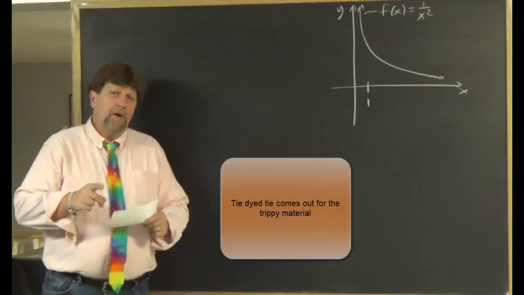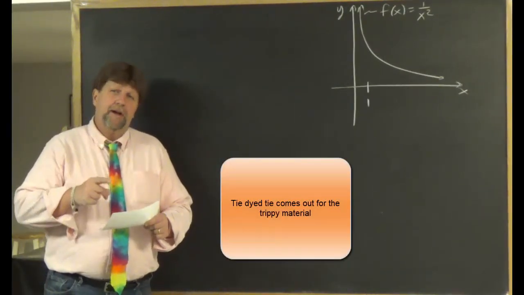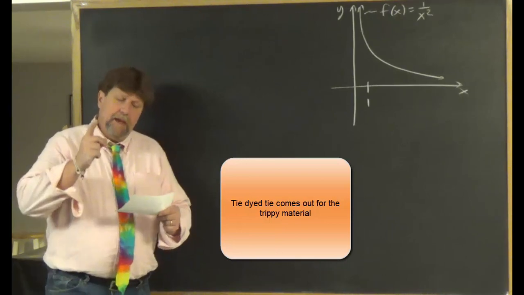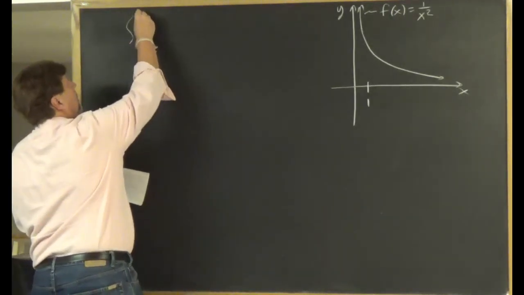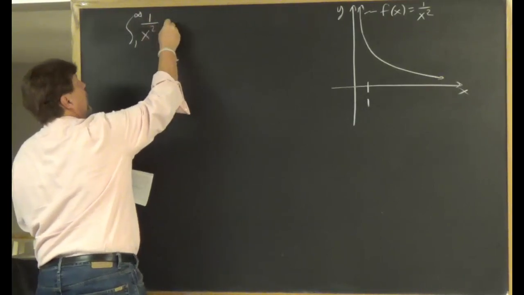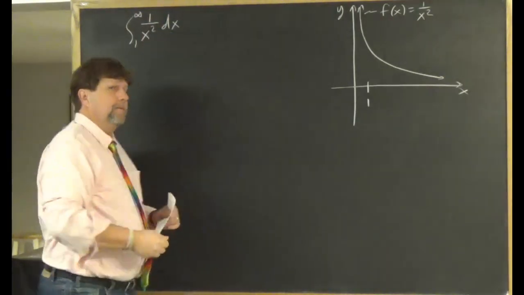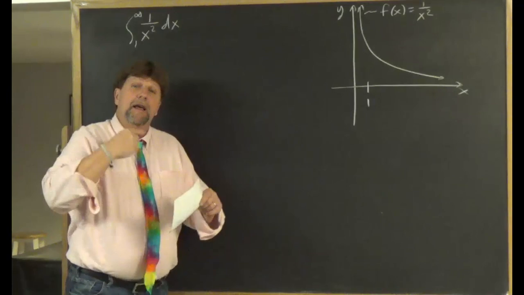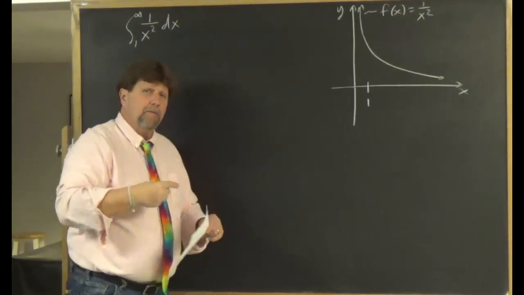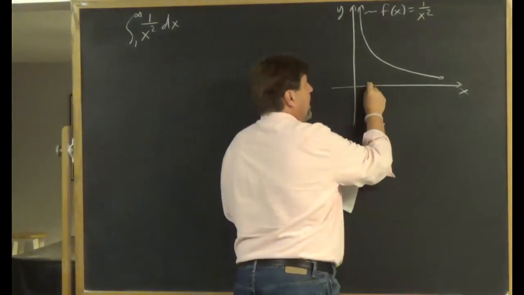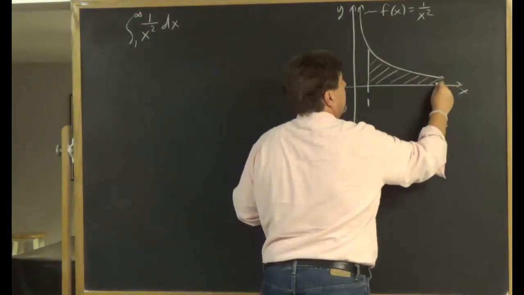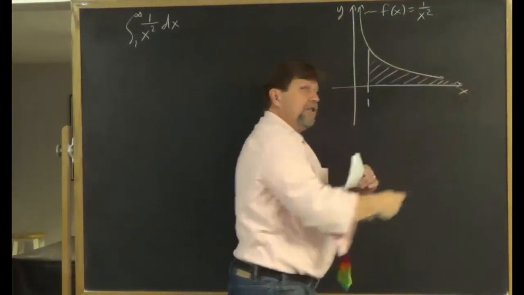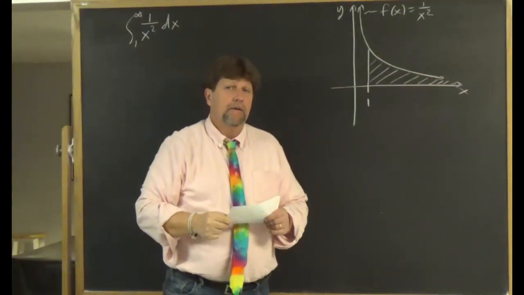All right, so the question we're trying to analyze is how in the world do we attack the improper integral from 1 to infinity, 1 over x squared dx? Keep in mind that that improper integral would match up with the area of a region that's unbounded.